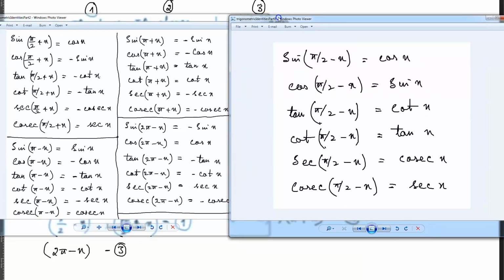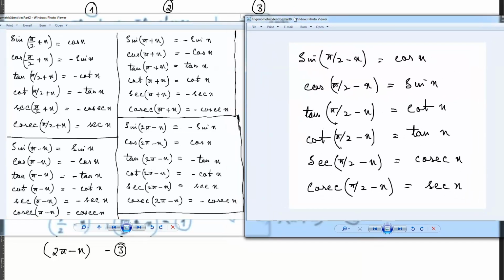And one more thing that happens is that in some of these cases, as you can see, the sign changes. In some cases the sign does not change, meaning that, for example, in the case of pi by 2, you can see that in none of these cases the sign has changed, all positive. In the case of sine and cosecant, the sign hasn't changed. Over here, in the case of tan and cot, it hasn't changed.